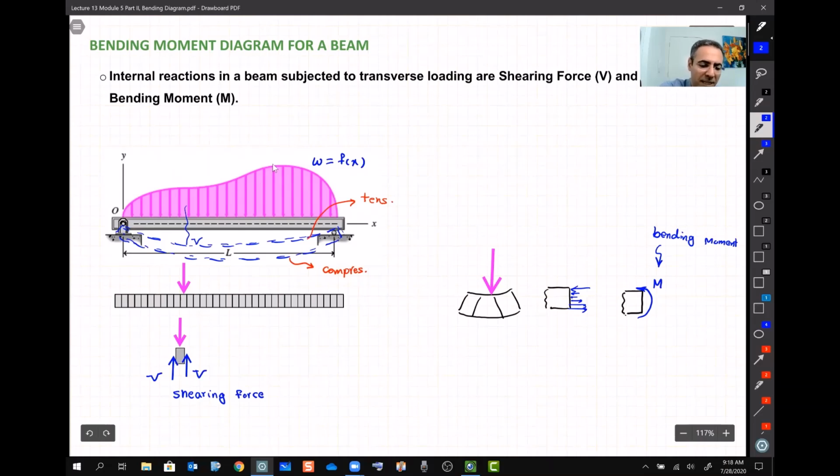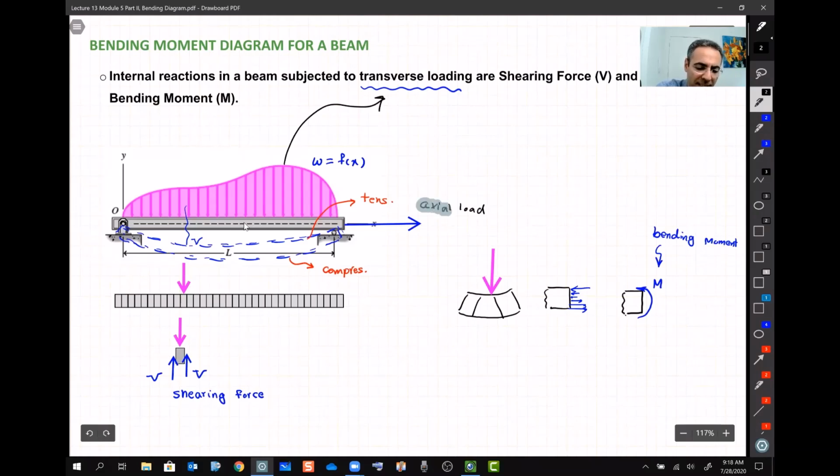And by the way, the transverse loading means the loading that they apply across a beam. They are unlike an axial load, like this one is an axial load, while this one is a transverse load, okay?